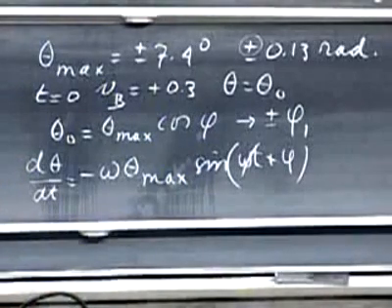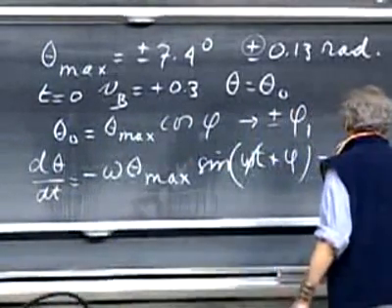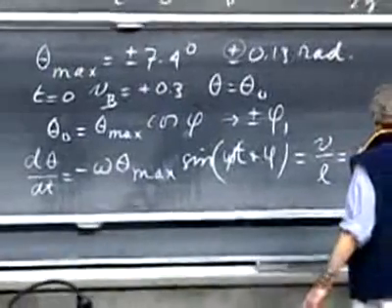What is d theta/dt? Well, d theta/dt is v divided by L. This is v divided by L, and is therefore plus 0.3.